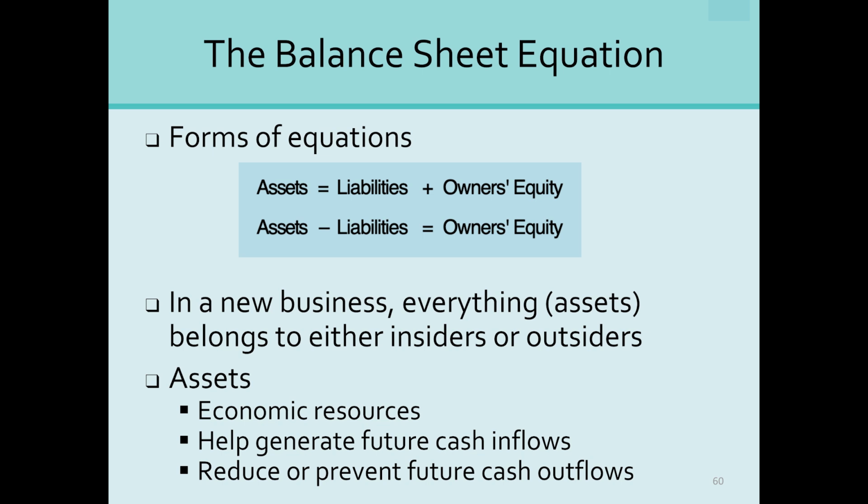Clear? So, it is plain mathematics also, but mentally do you see that earlier we were saying that whatever is in the business belongs either to insiders or to outsiders, and now we are saying the same thing in a different way: whatever is remaining after paying outsiders is ours. So, it is a residual claim.